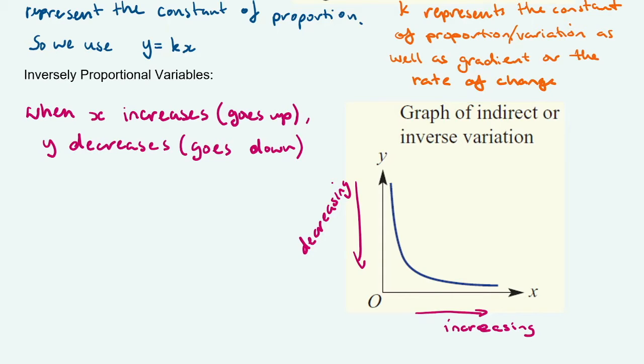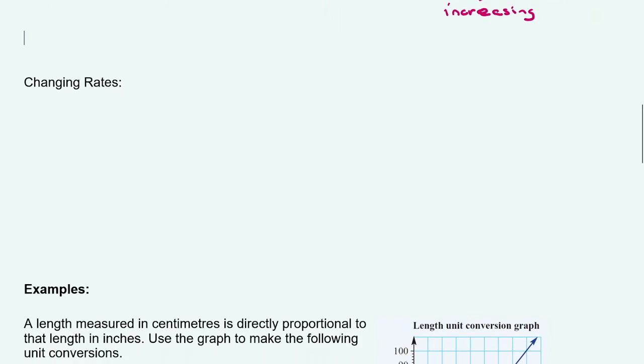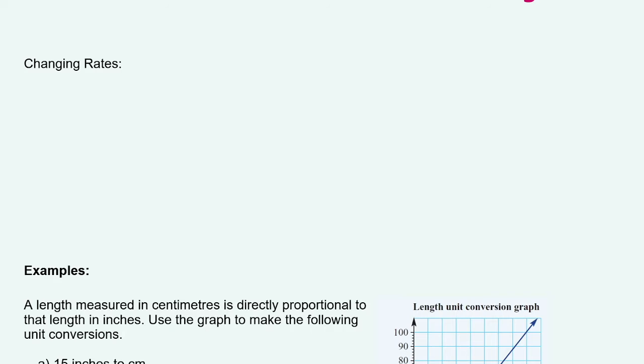Now, in terms of this, we sometimes look at things like changing rates. We do change rates occasionally with this one. So I've just got a couple of little dot points to write down about changing rates. All right, so when we do this, we can use each of the units, and they can be changed depending on need.